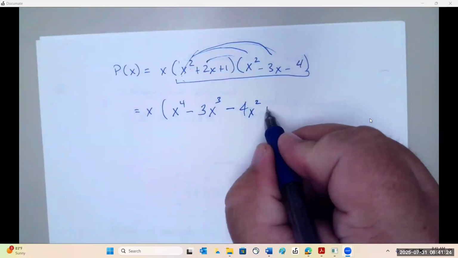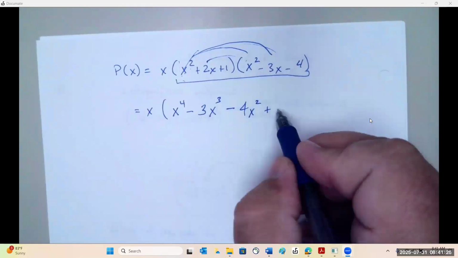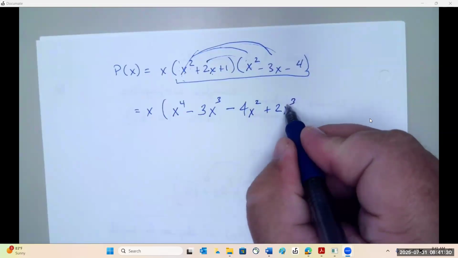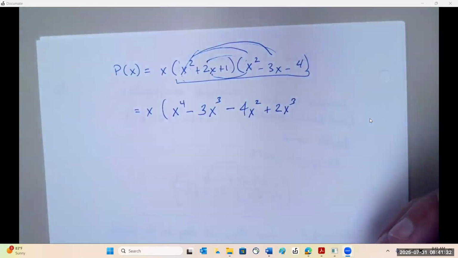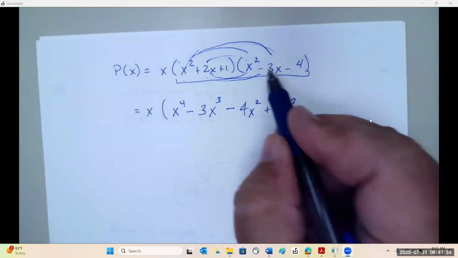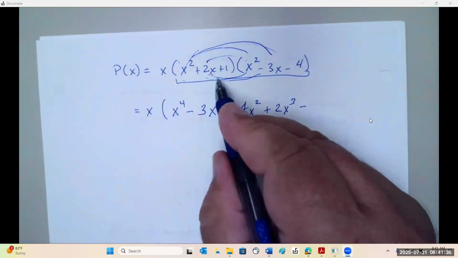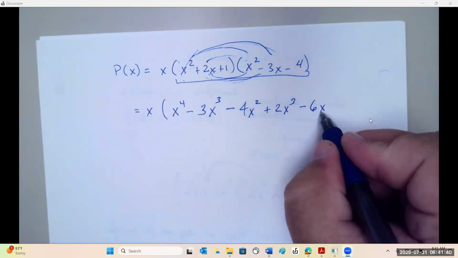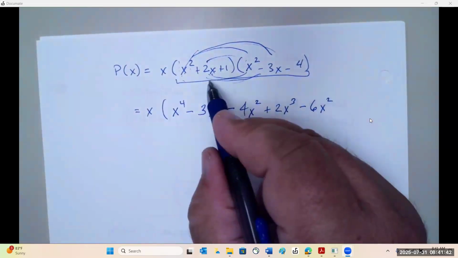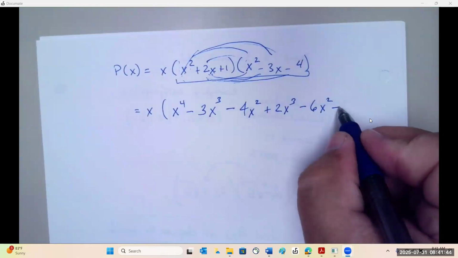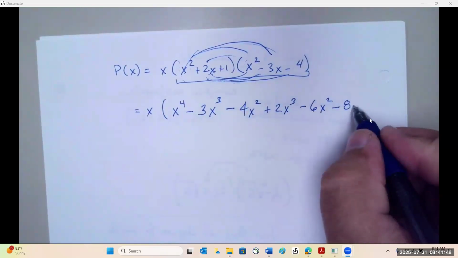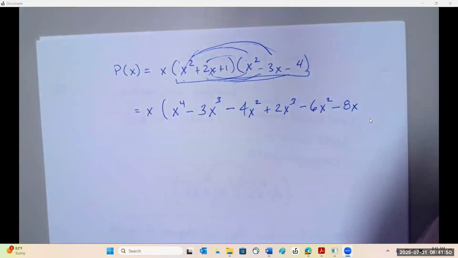Positive times positive is positive. 2 times 1 is 2. X times x squared is x cubed. Positive times negative is negative. 2 times 3 is 6. X times x is x squared. Positive times negative is negative. 2 times 4 is 8 times x.